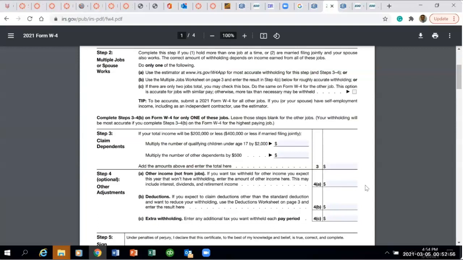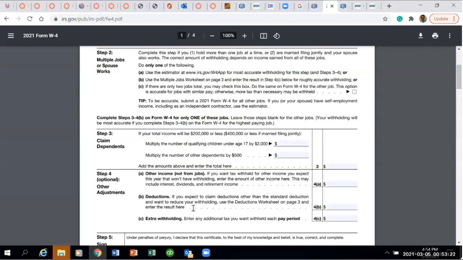So you add it. However, it says, if you have any type of deductions, based on a worksheet on page 3 of this W4. Let's say instead of using standard deduction, you are itemizing it in your tax return. Maybe your itemized deductions are very large.